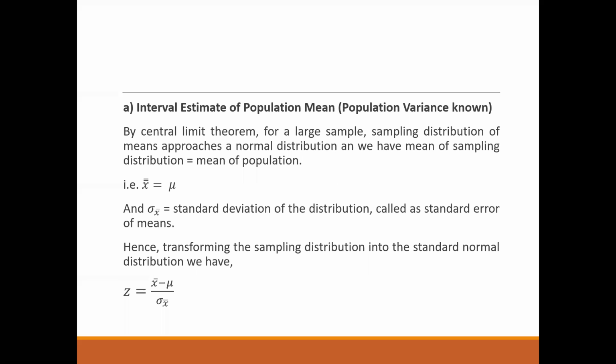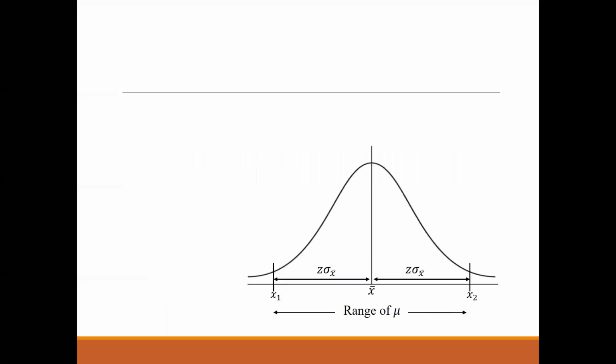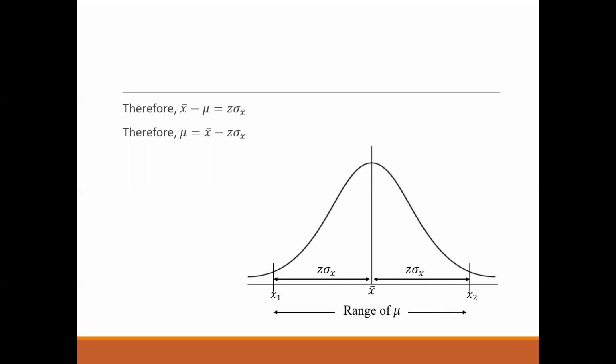Now mu can also fall within a range, between plus and minus of z, on the right hand side and on the left hand side. If it is equidistant from the x bar, like in the diagram which I showed you, we can write mu equal to x bar minus z sigma x bar.